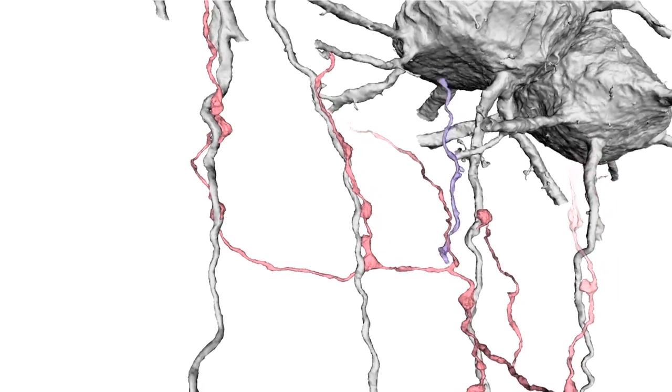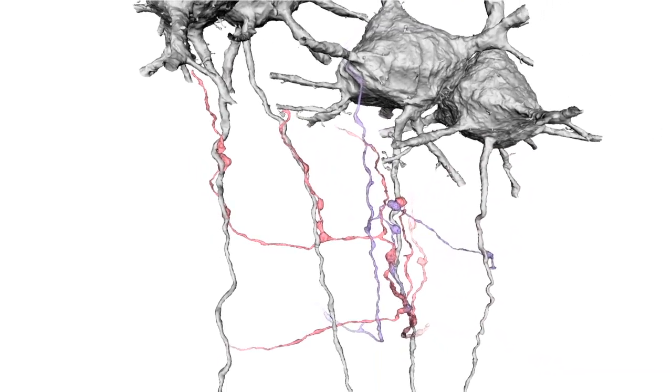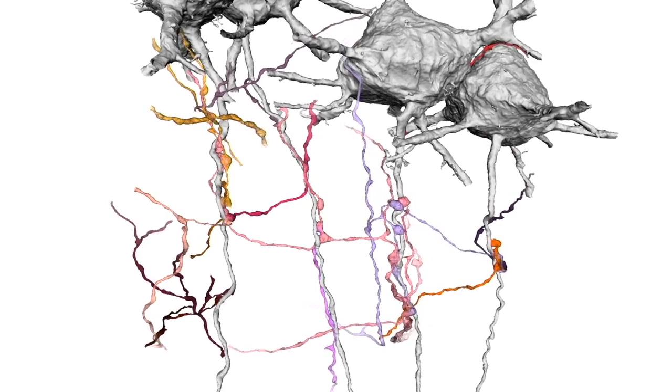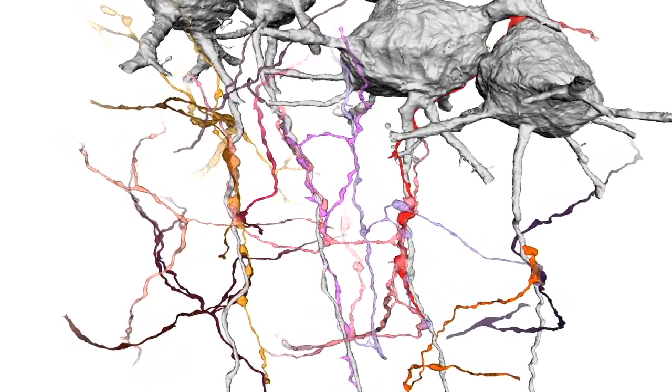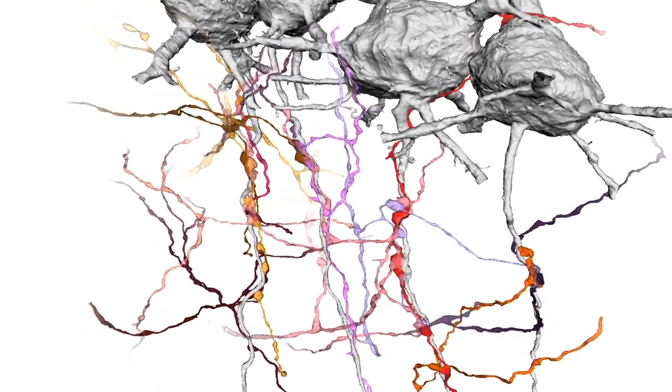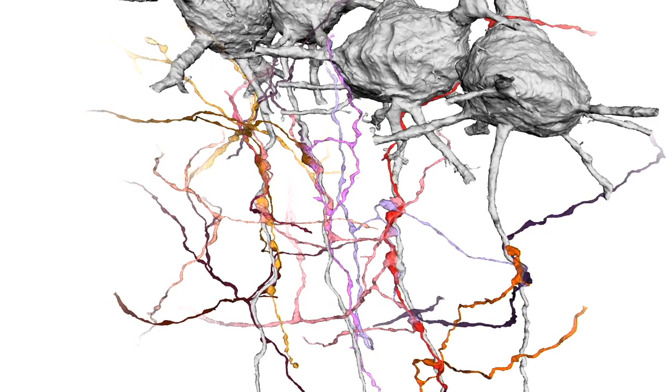And you can see here another axon. It's doing the same thing. It targets another set with a different amount of synaptic terminals. And here you can see every single Chandelier axon in this data set which targets these 4 pyramidal cells. And you can see each axon initial segment receives a different amount of input from a different combination of these axons.